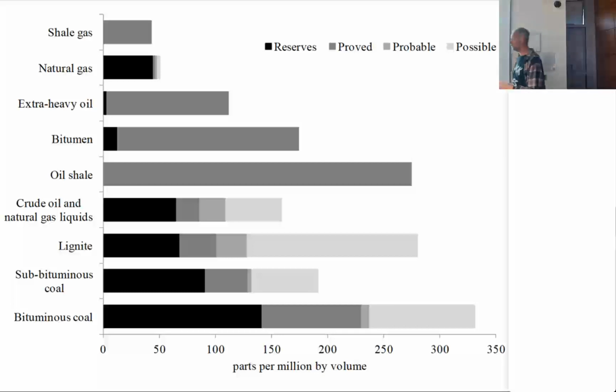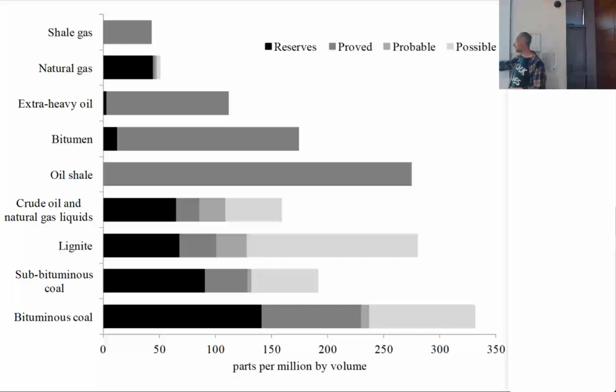So if that is the solution, right, we're running out of oil, we're running out of gas faster. We need to find a solution to this. We need to find an alternative source of energy. If that alternative source of energy is a switch back to coal, then we are in deep, deep trouble in climate terms, right?